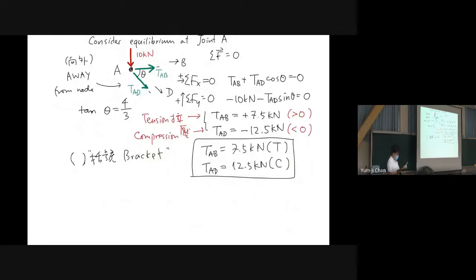Next, we do the calculation on joint D. For joint D, how many members connect with joint D?